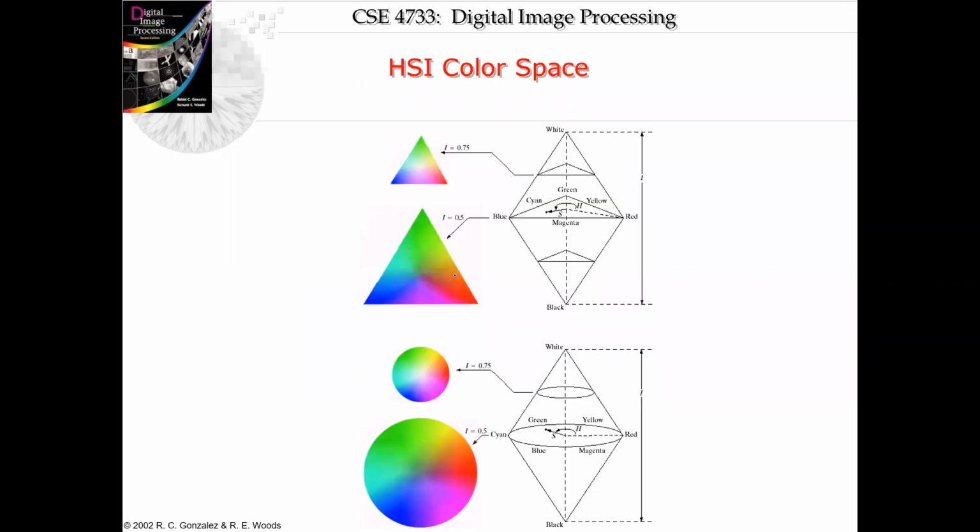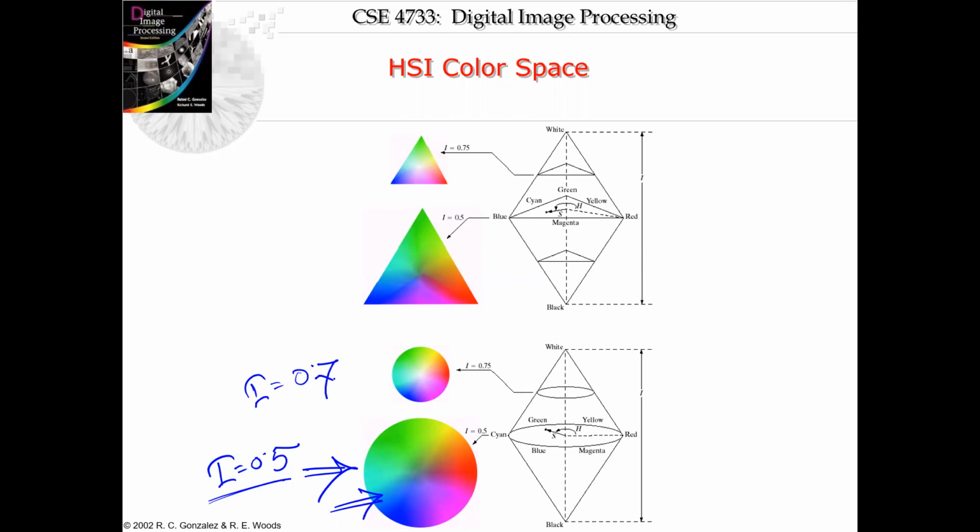But if we look at this representation from H and S, look over here. In this color slice, you have all the colors, they have the same intensity, yes or no? Yes, sir. How about the top slice? What's the intensity value?